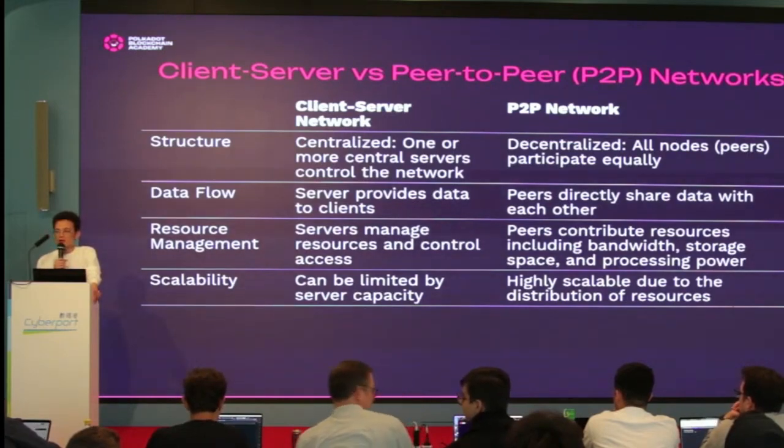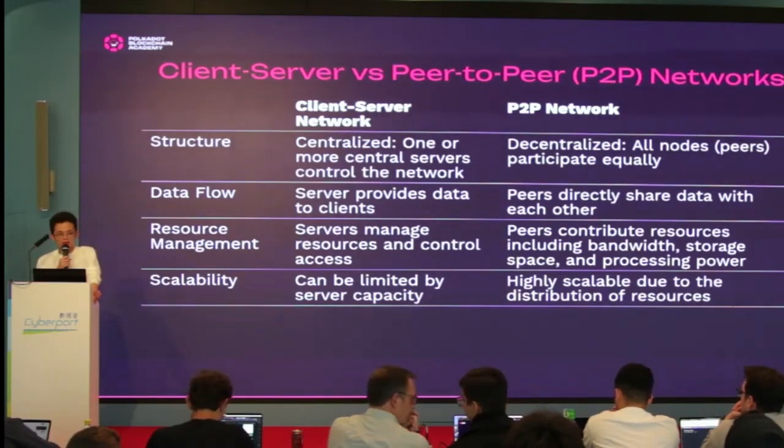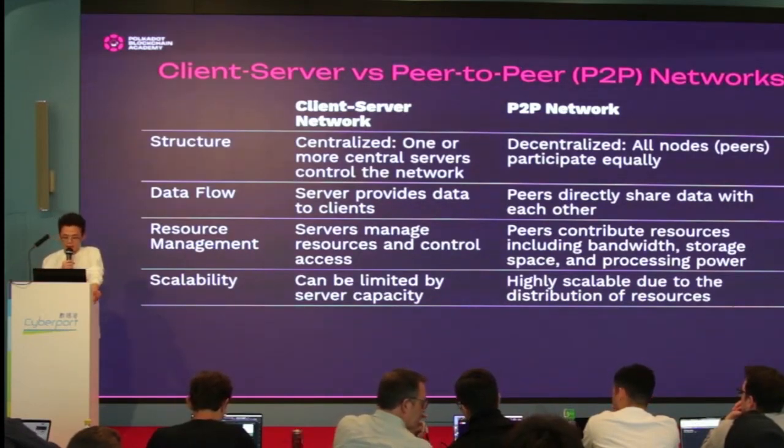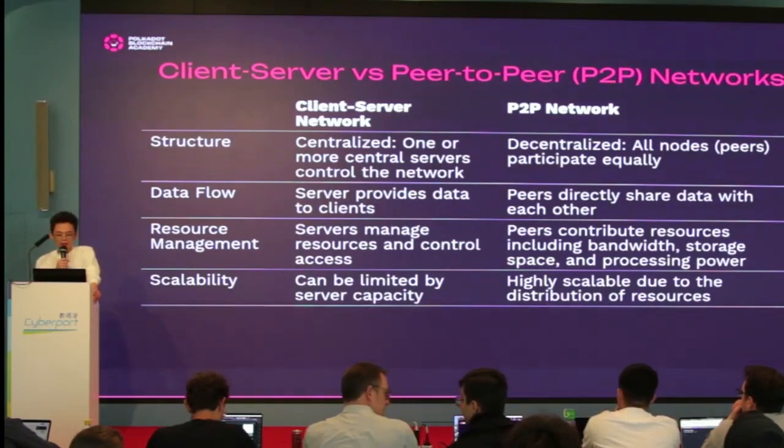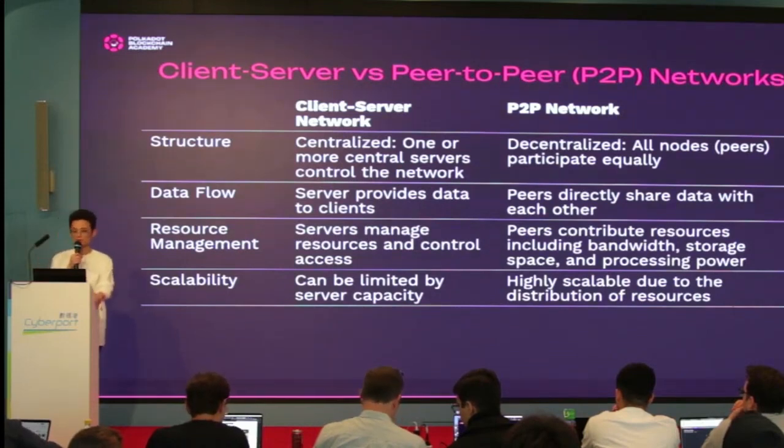For example, when you are using Amazon Web Services, you can select elastic compute, and it can decide the amount of resources, that is, the number of physical devices for your applications. And regarding the peer-to-peer network, the system will be highly scalable due to the distribution of resources.